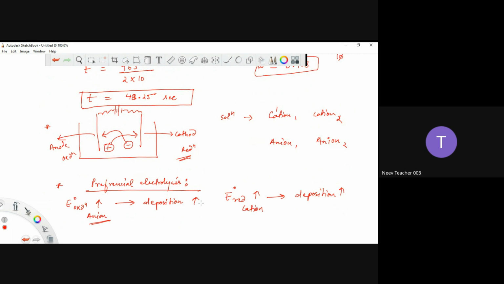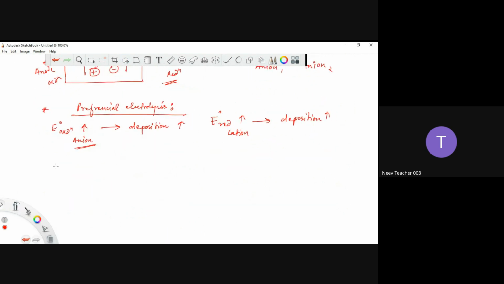I'll give you the order for the cations and anions, and in that order they will deposit. I'll write first for cations, which will deposit faster. If potassium is there, then before potassium, calcium will deposit. Before this, sodium will deposit. Then magnesium, then aluminium, and then comes the water.